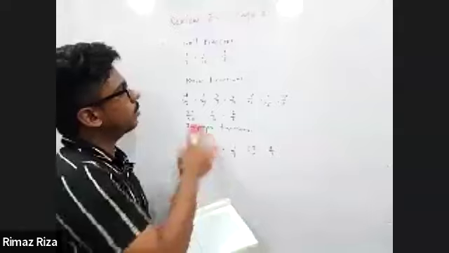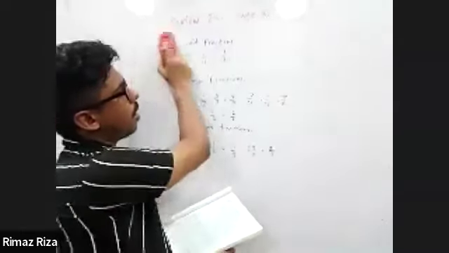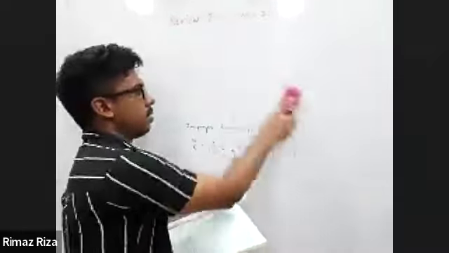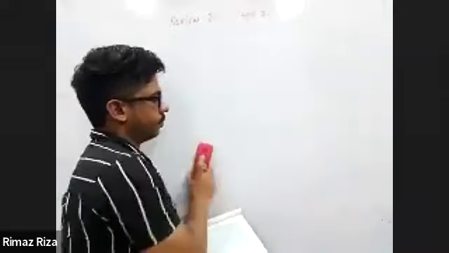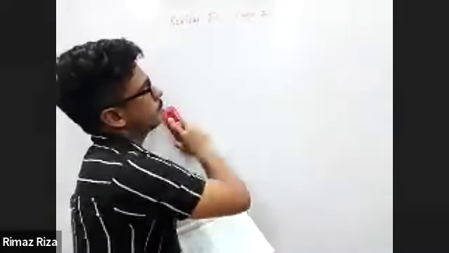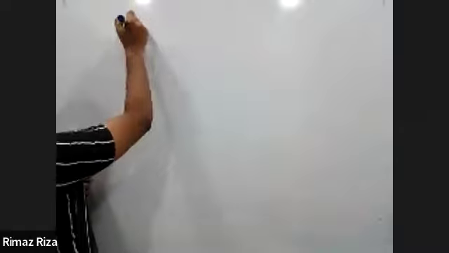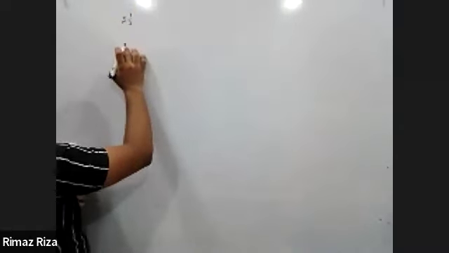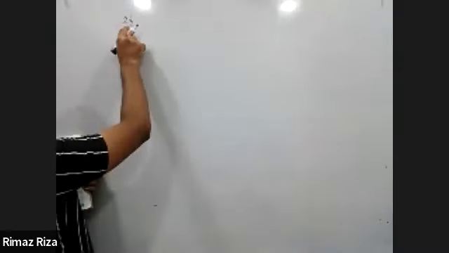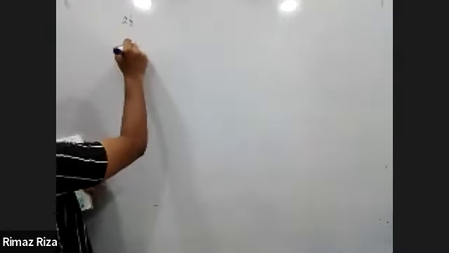I'll erase this. Okay. So the first, two and a half. We write it as improper. So 2 into 2, 4, 4 plus 1, 5 over 2.